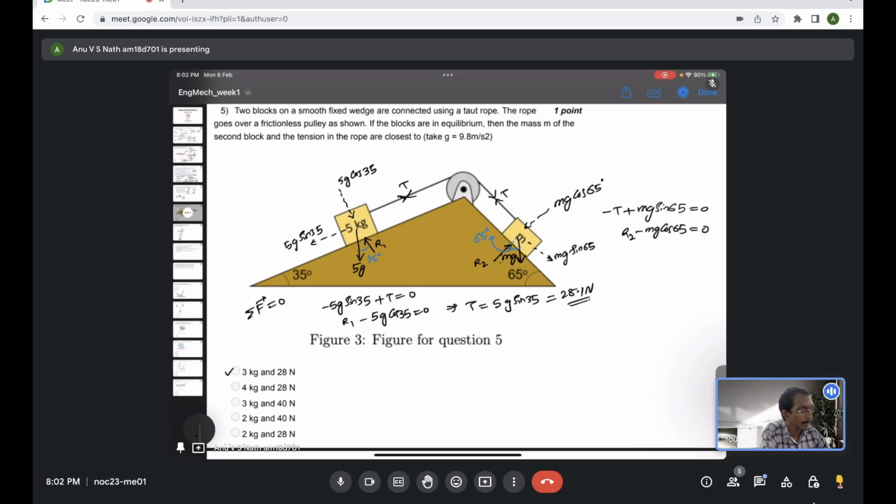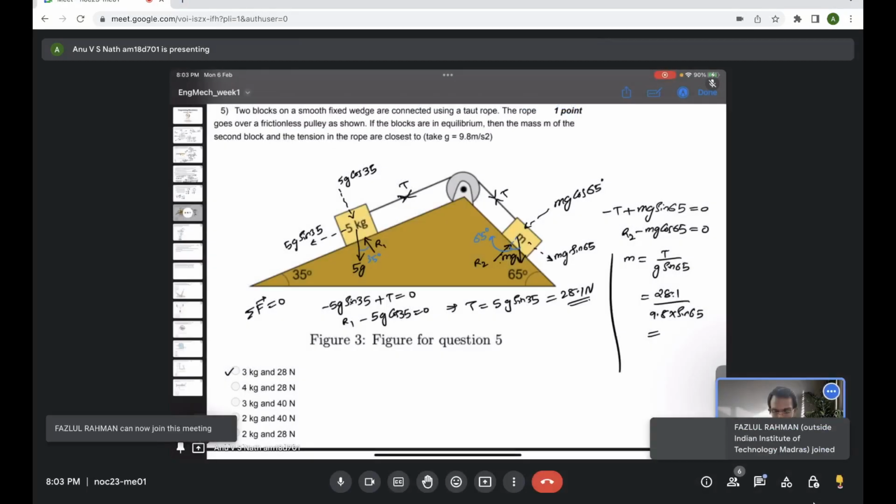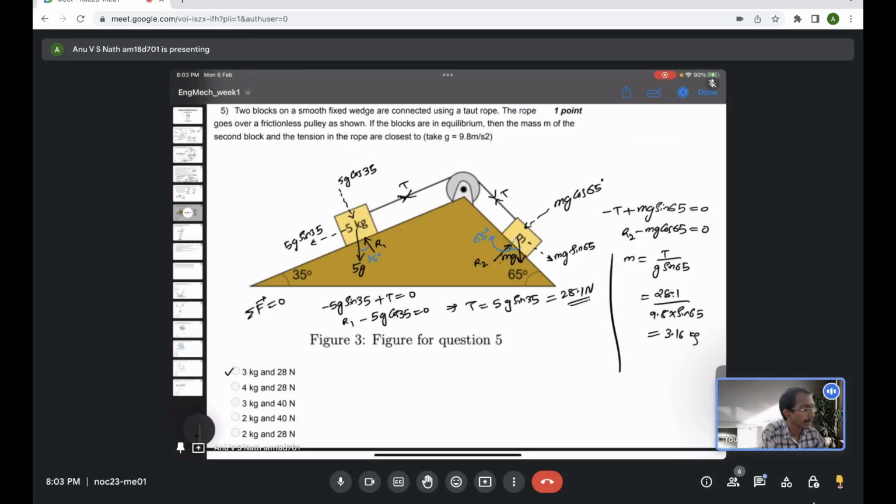So from the first expression we can get m is equal to T by g sin 65. T we know, which is 28.1 Newton, divided by 9.8 times sin 65, which will give, let me evaluate, 3.16 kilogram.